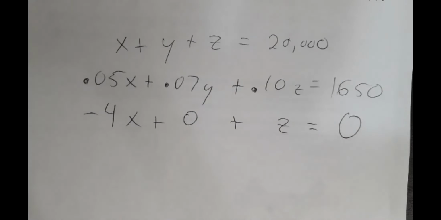And so now this thing should be set up. But you'll never guess how I'm going to do this thing. 1, 2, 3. 0.05, 0.07, 0.1, 1650. Minus 4, 0, 1, and 0.